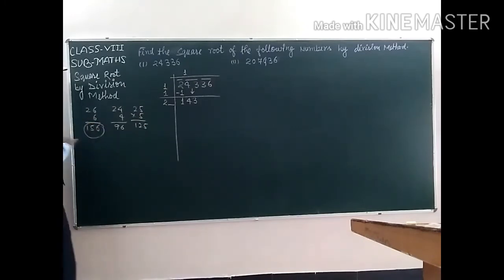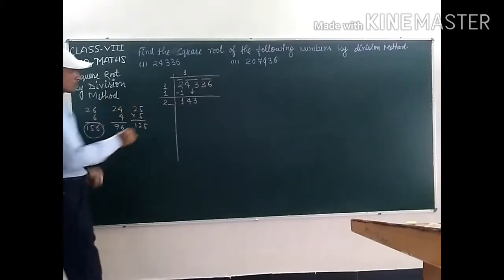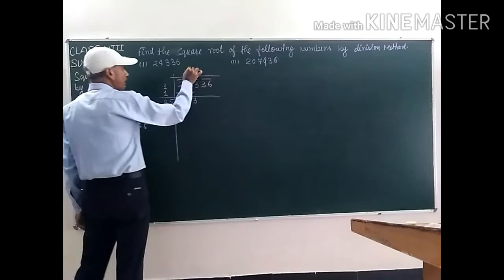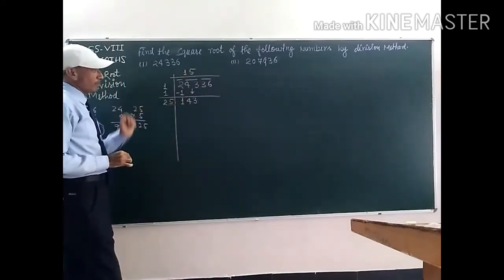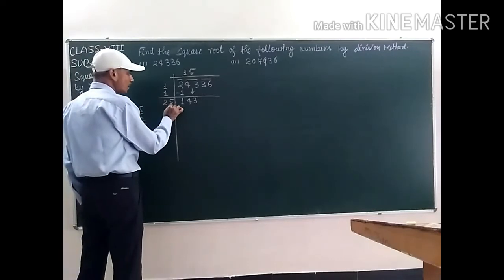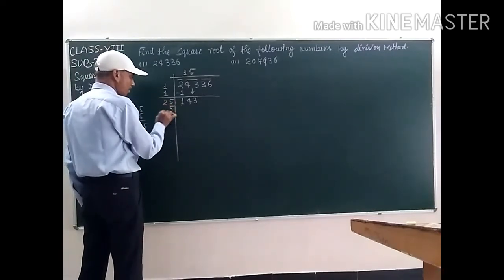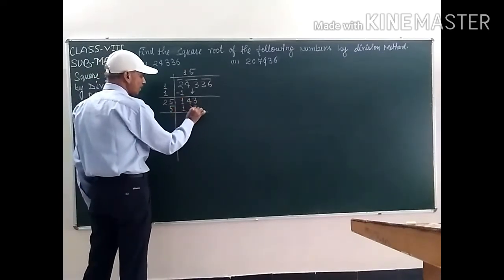This number is more than 143, so we will take 5 here, and the quotient will also be 5. 25 times 5 is 125.